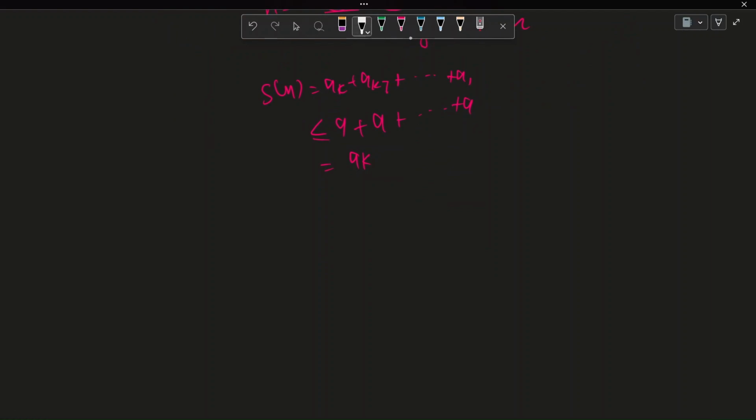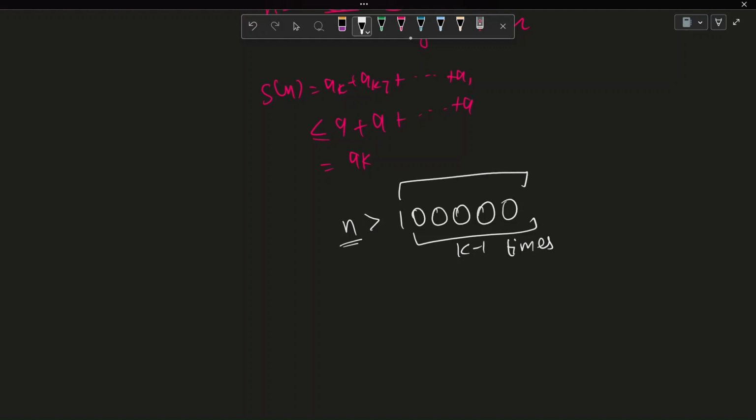Now another fact to notice is that because n is a k-digit number, n is greater than or equal to 1 followed by 0s, k minus 1 times. See, this entire number is the smallest k-digit number. So n is greater than or equal to the smallest k-digit number.